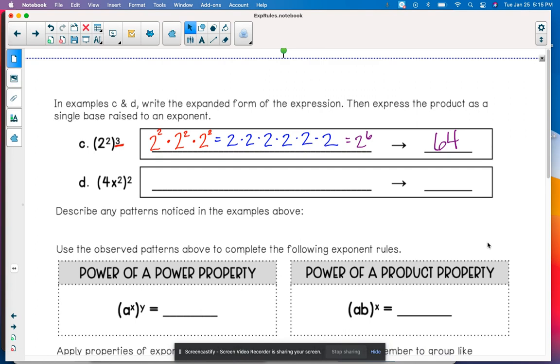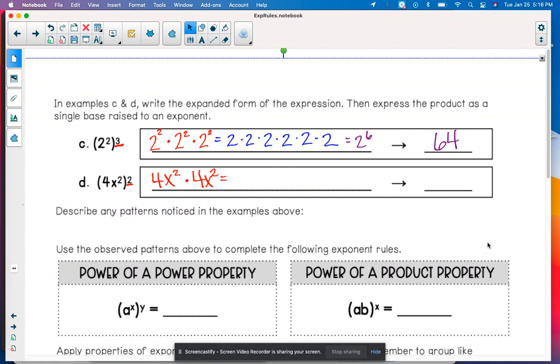For the next one, this is going to be slightly different. I still have an exponent on the outside, which is 2. So that means I'm going to have 4x squared times 4x squared. And just like we did before on the previous page, I'm going to group everything together.